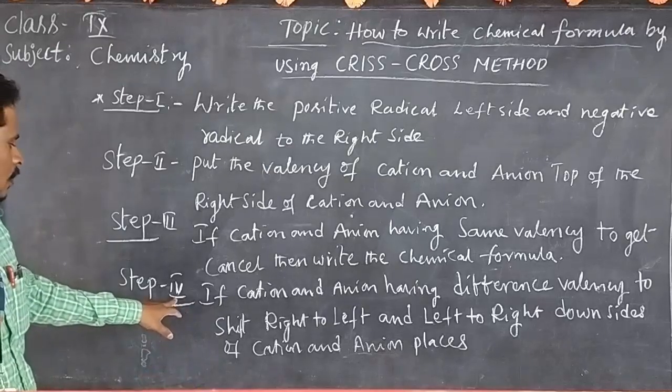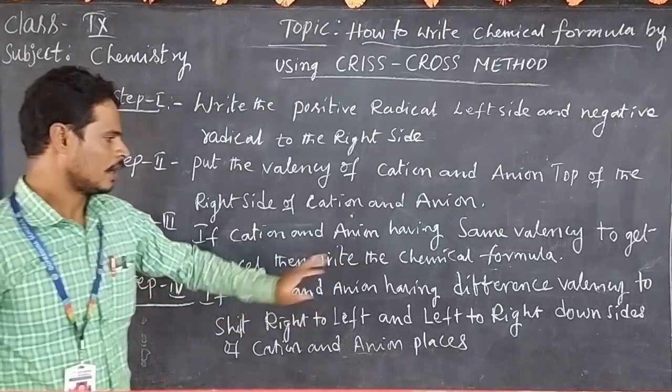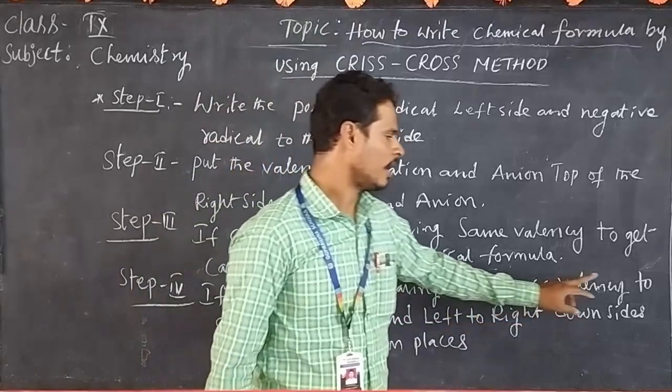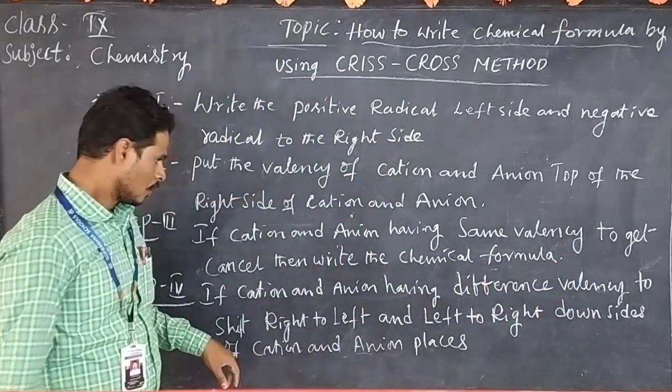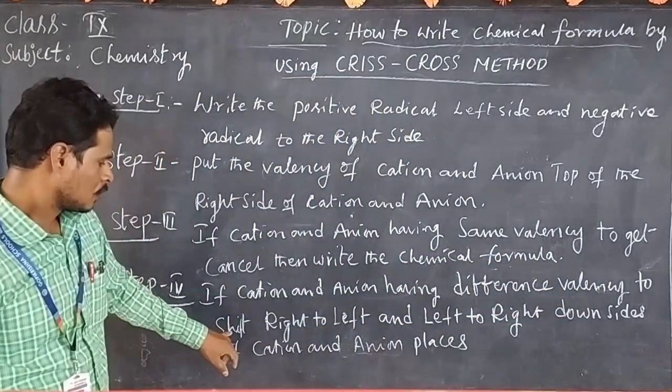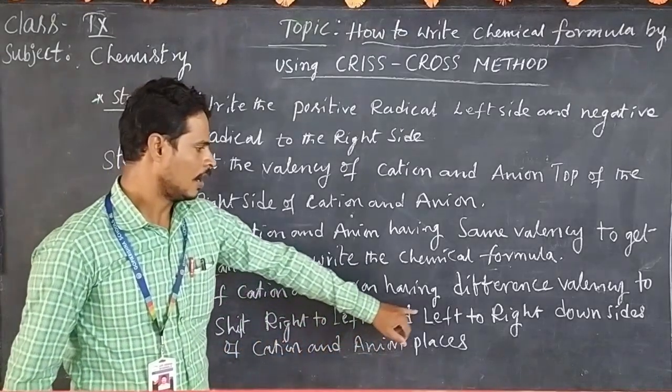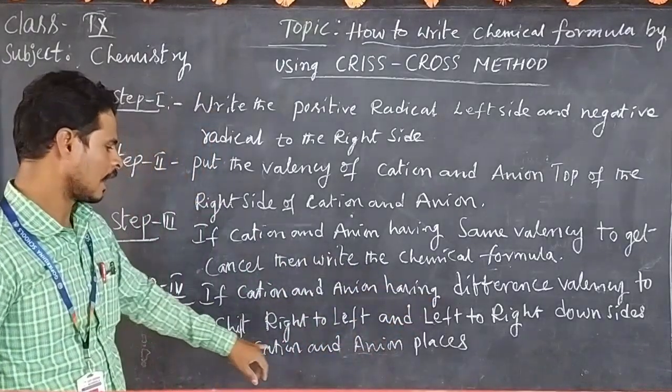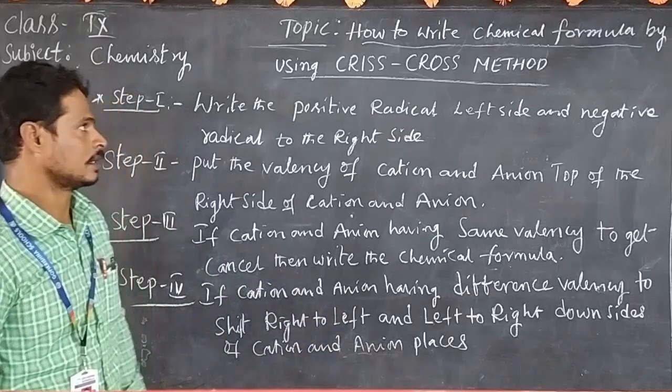So what is the fourth step? If cation and anion have different valency, shift right to left and left to right, downside of the cation and anion places.